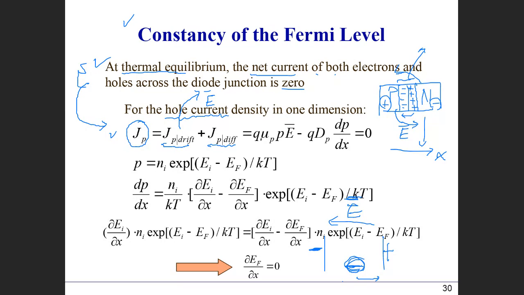When you have an electric field in here, the electron moves toward the positive potential side. Holes move toward the negative potential side, right? So when this charge moves, this movement creates the so-called current. And this current we call the drift current.